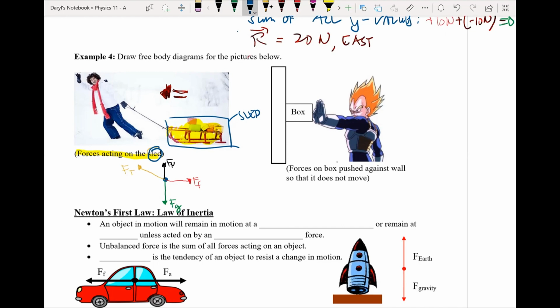Okay, for the figure at the right, I think this is Son Goku, right? Or from Dragon Ball. It's Vegeta. Oh, okay. So yeah, he's trying to push the box on the wall. So, forces on the box pushed against the wall so that it does not move.